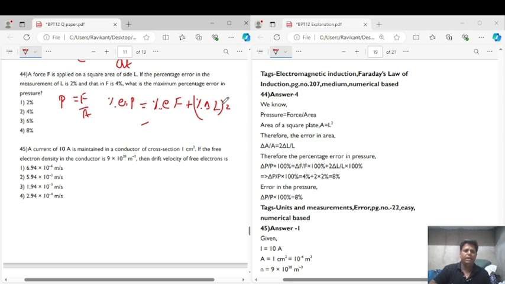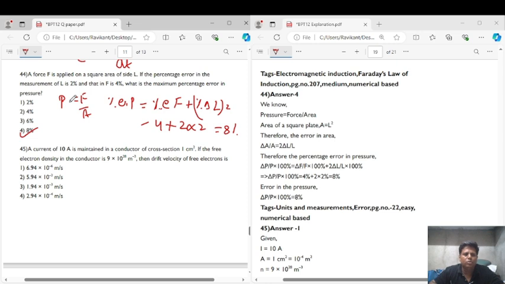Why? Because area is L square, so the percentage error will be multiplied with 2 and then added. So percentage error in pressure will be equals to 4 plus 2 into 2, which is equals to 8%, right? So the correct answer for question number 44 is option 4, that is 8%, right?